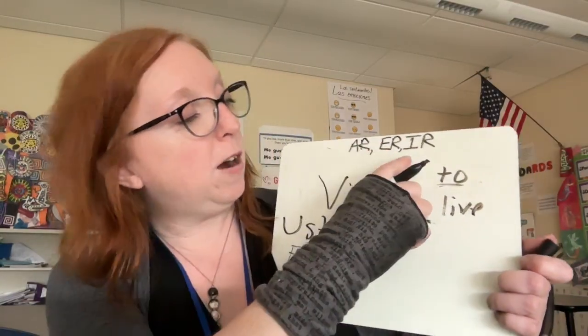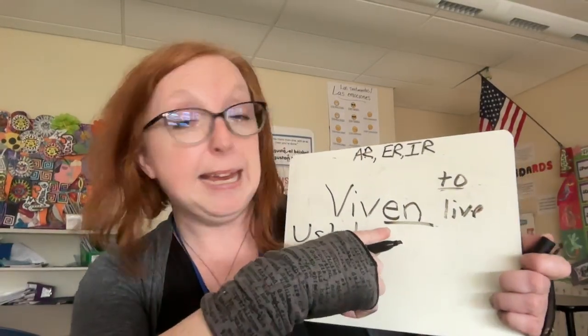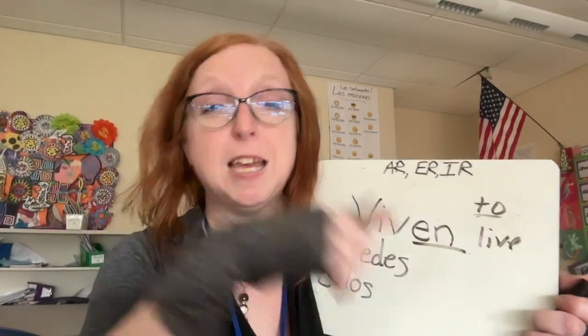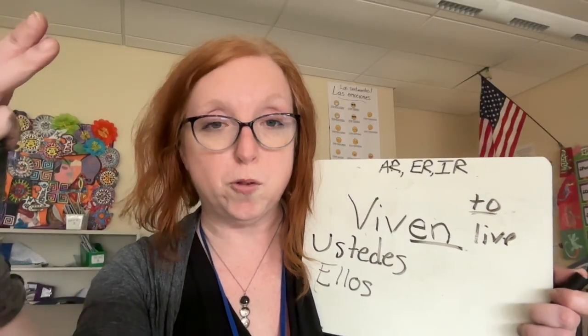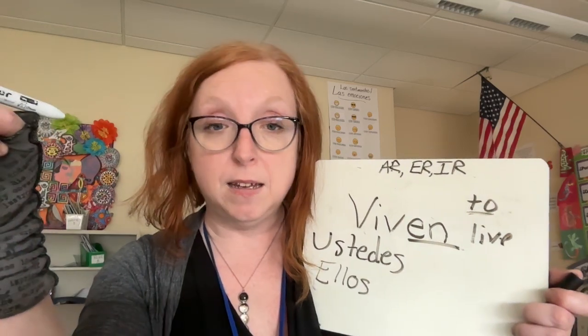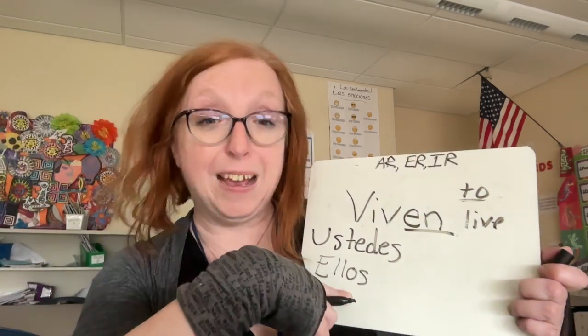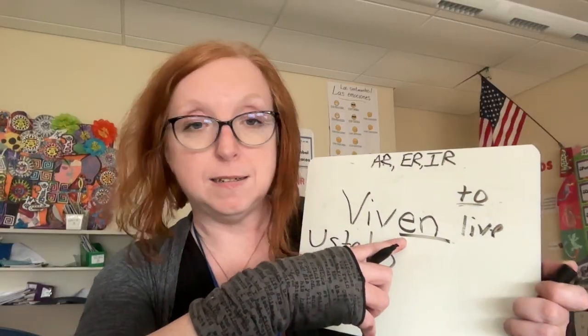So if you have an IR or an ER verb, most of the time your conjugations will be E, unless you're talking about I, vosotros, or nosotros. When you're talking about he, she, usted, ustedes, or ellos, ellas, it's going to be an E.